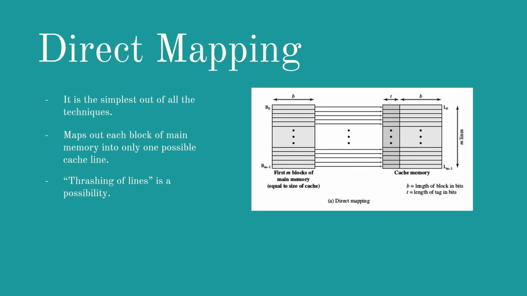In other words, it assigns each memory block to a specific line in the cache. If a line is previously taken up by a memory block, when a new block needs to be loaded, that old block is thrashed. That's the reason why thrashing of lines is a possibility.